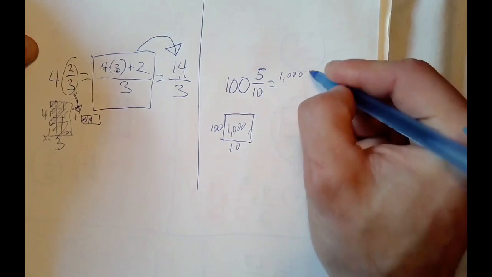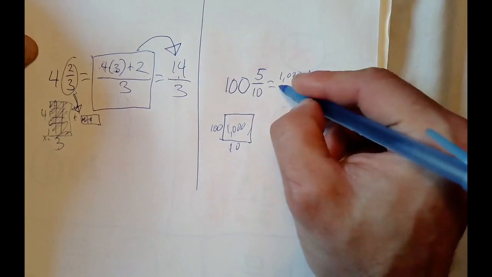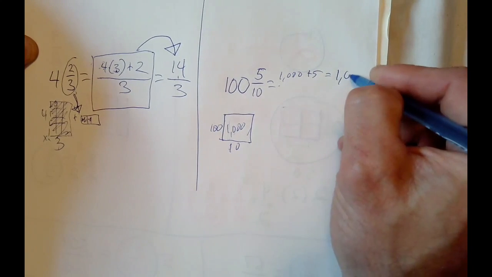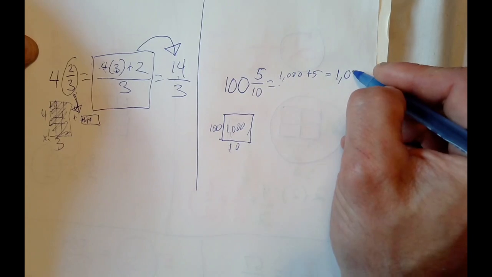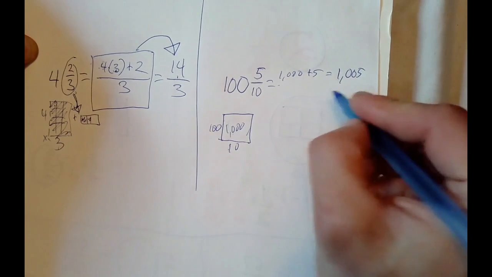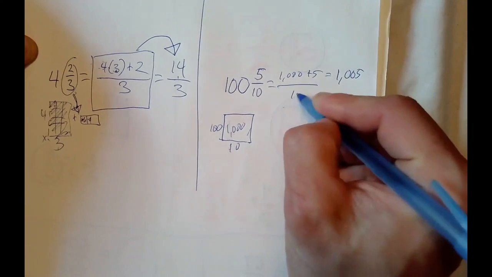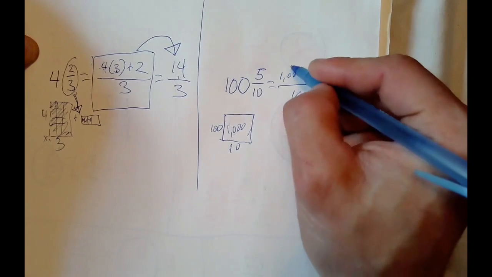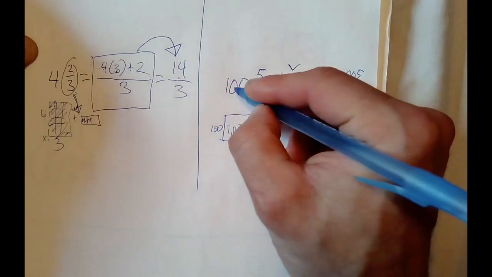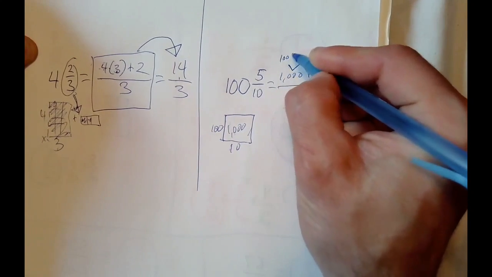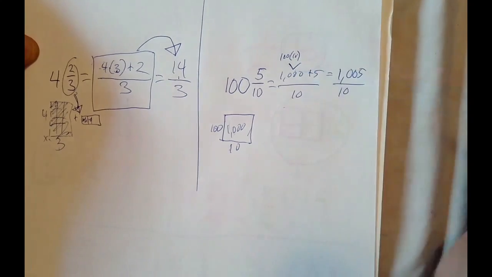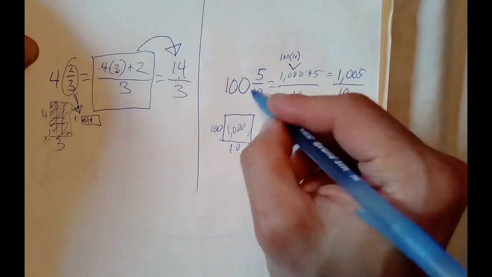Plus the 5 extra equals 1,005. Now, what size pieces are they? They're tenths, right? And to make sure we understand where we got these numbers, this 1,000 came from my 100 wholes, and each of them had 10 pieces. 100 times 10 is 1,000, plus my 5 left over.